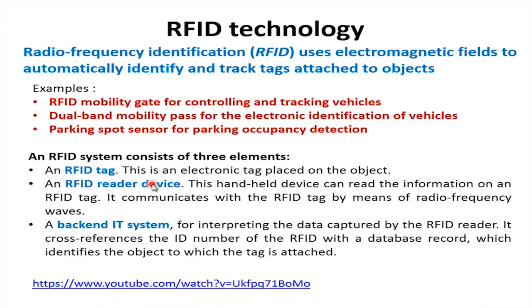The reader is the device that sends the radio frequency to identify the tags attached to goods. And there is a backend IT system that interprets and translates the data and shows it on the computer screen.